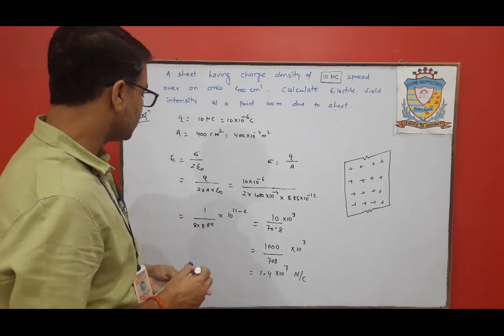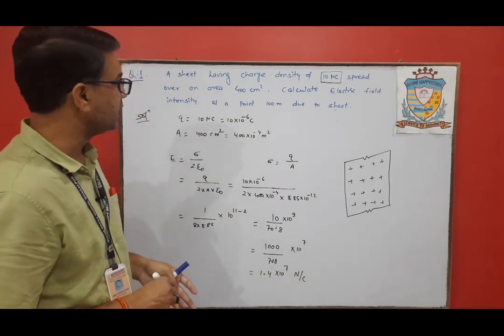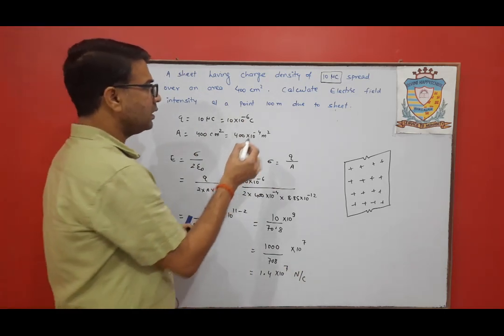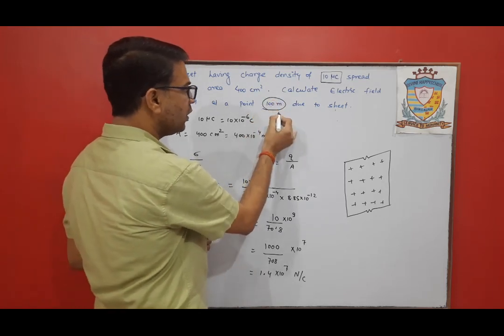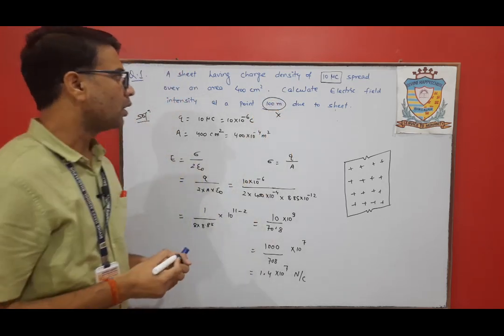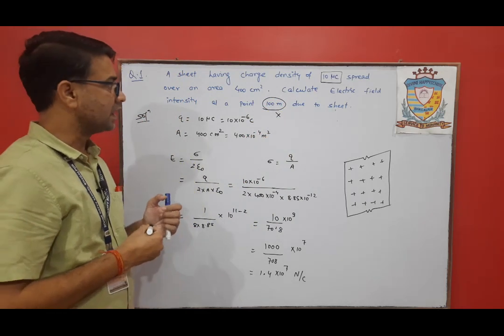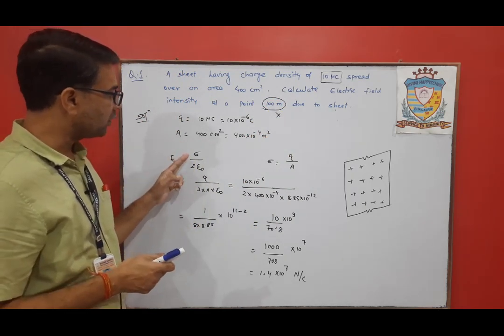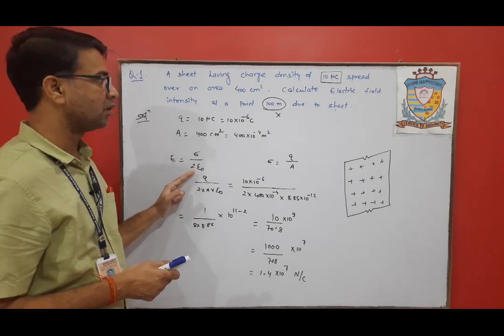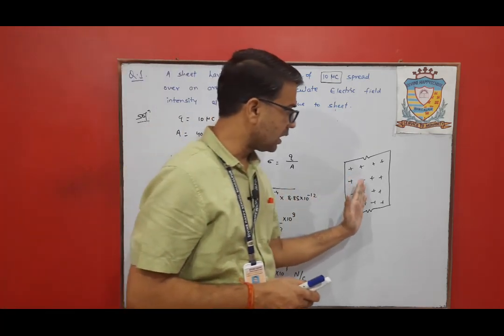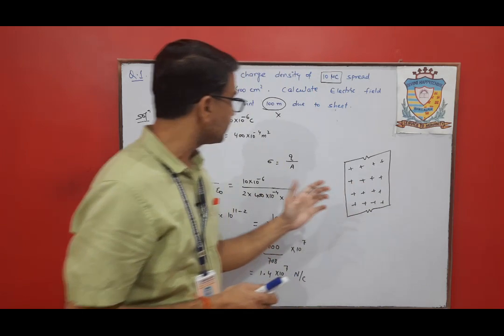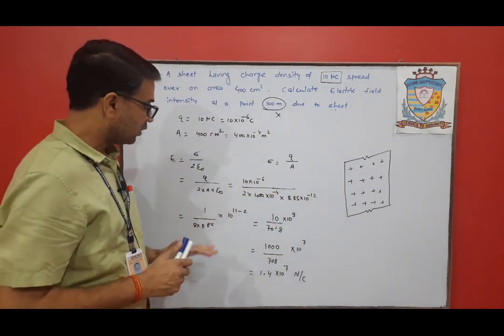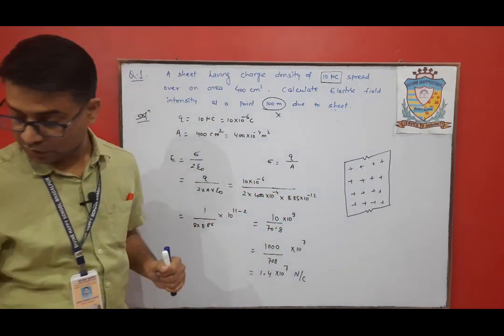This is the total electric field intensity, and the distance value is given only to confuse us, it is of no use. In the formula we have sigma upon 2 epsilon naught, so the distance r is not needed. So this is the solution for the first question.